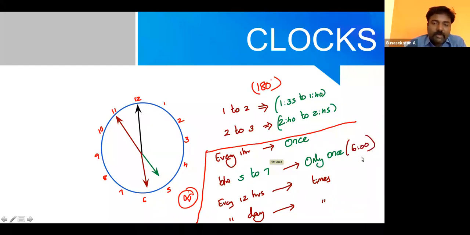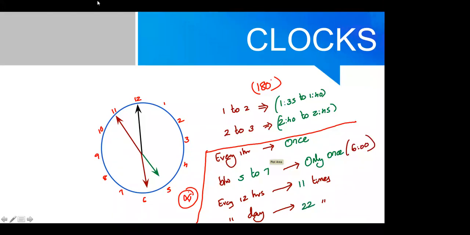So every 12 hours, how many times? 11 times. Every day, 22 times. Understand the concept. Every 1 hour once, between 5 to 7 only once, between 12 hours, 11 times, every day, 22 times.